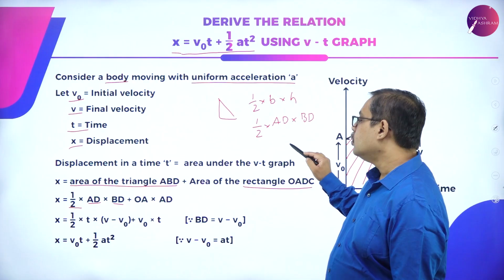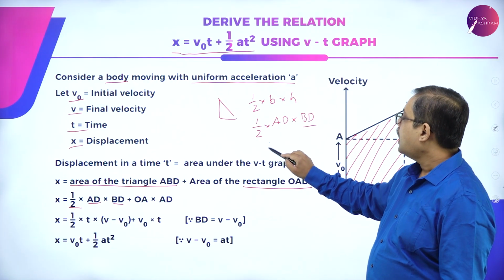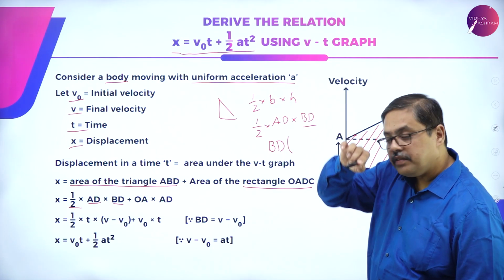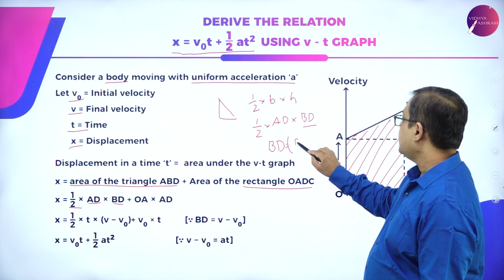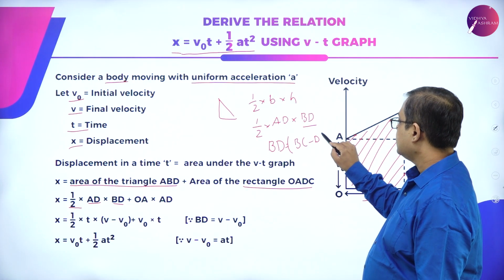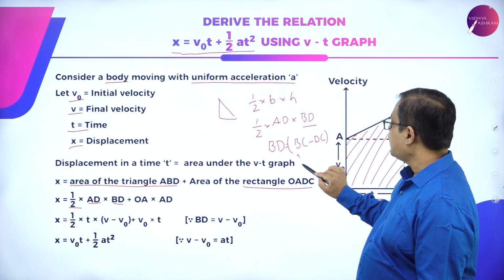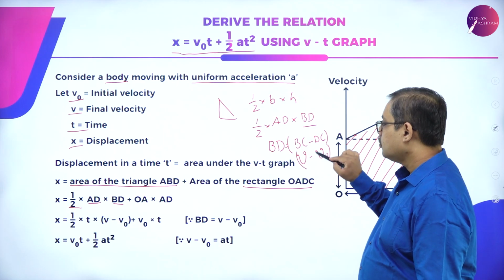Now what do I do for BD? Check here, BD. I can write BD as I did in the previous equation. I can write this as BC minus DC, or what is BC? BC is the final velocity minus v naught, the initial velocity.